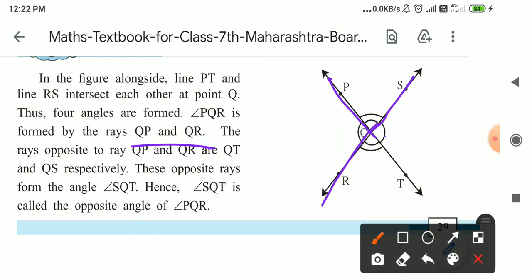These opposite rays form the angle SQT. Hence SQT and PQR are vertically opposite angles. And similarly, PQS and RQT are also vertically opposite angles.